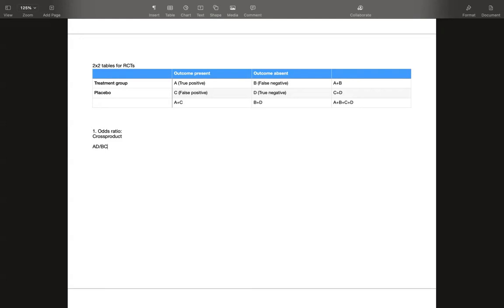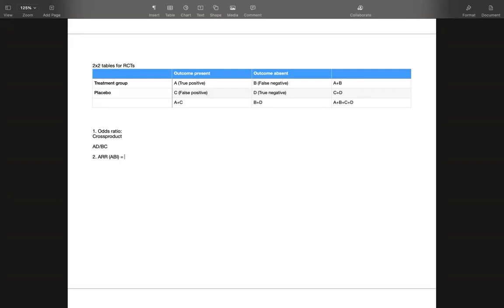Then we also measure here the ARR, or you can say ABI. But here the formula of ARR or ABI is, previously we discussed, absolute risk in exposed minus absolute risk in non-exposed. Now we don't have any exposed or unexposed group.